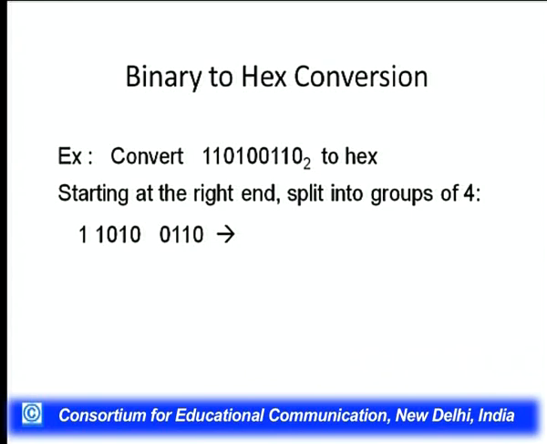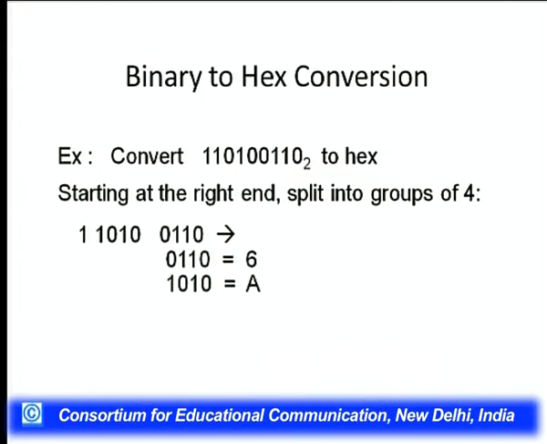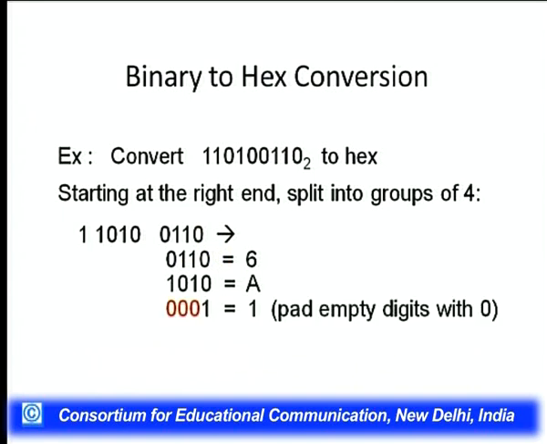So, you can see here we have 2 groups, one is 0110, the other is 1010, and then the last digit 1 is left. As we did in the previous example, we can pad this with 0s. So, your last group will become 0001. Now you find the equivalent. 0110 means 6, 1010 means 10 in decimal and A in hexadecimal, and then you have the only digit 1, which means 1.